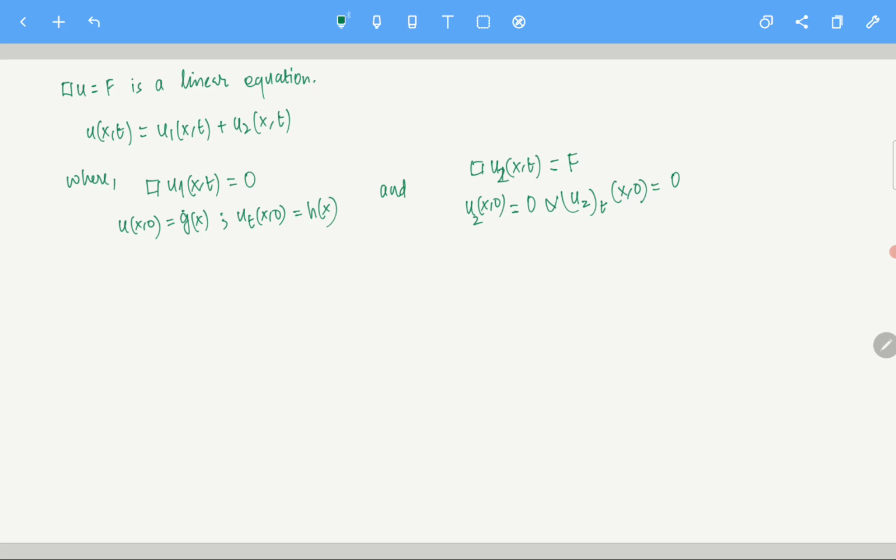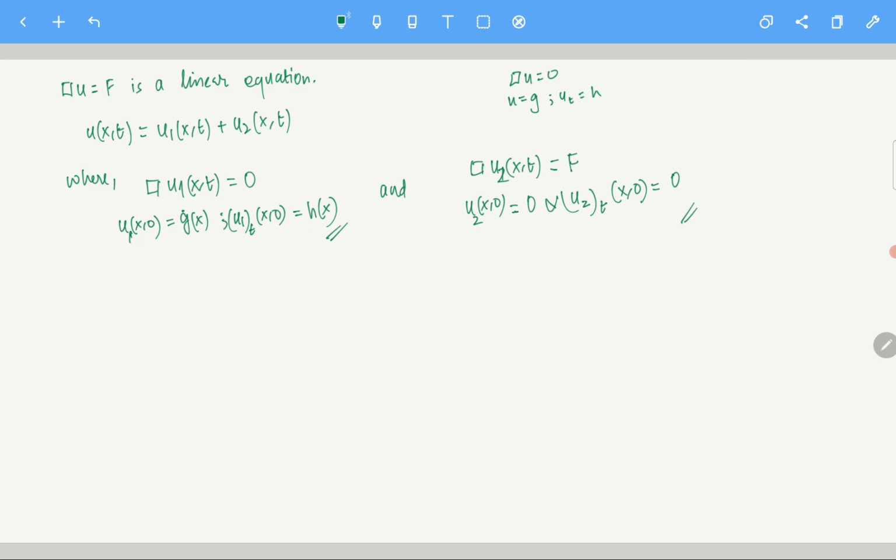So you see, if u1 solves this problem and u2 solves this problem, then if you add those two up, because of the linearity, the D'Alembertian of u1 plus u2 is F. And u at the point x,0 is g, because g plus 0 is g, and u_t is h, right?